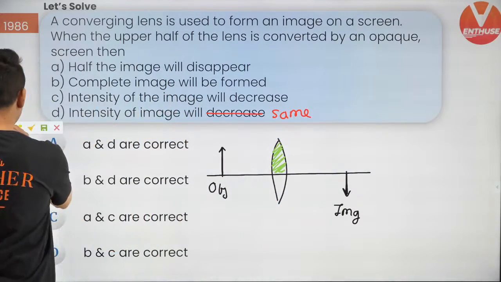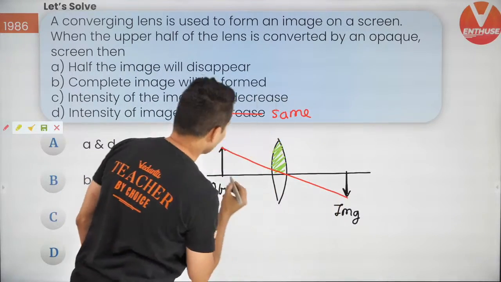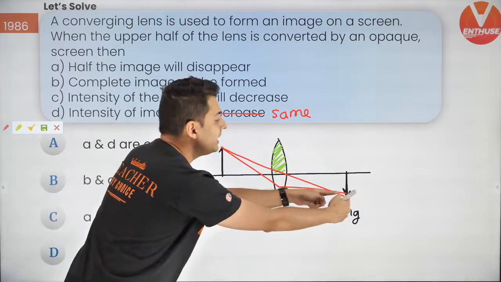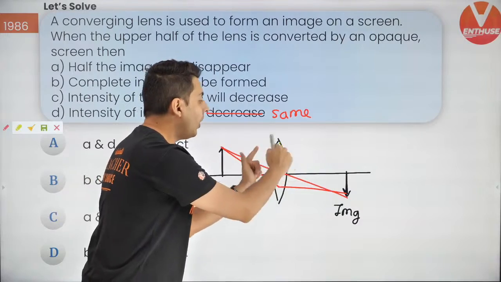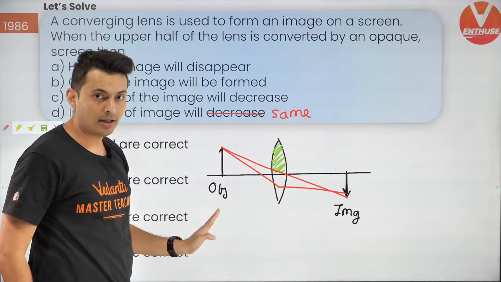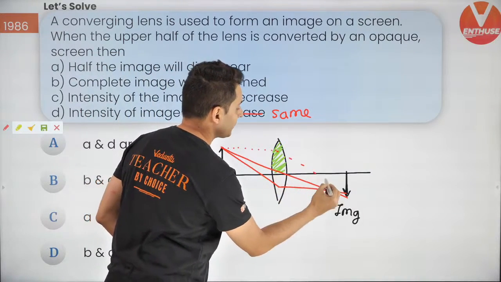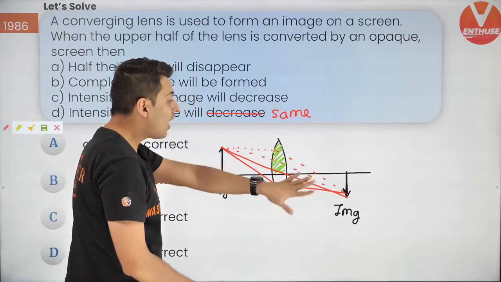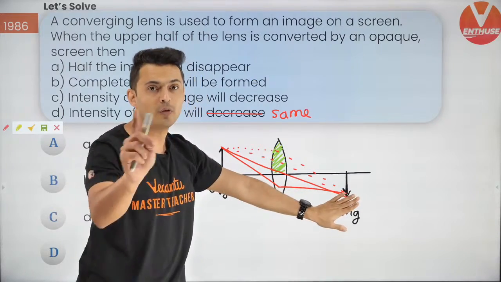Wrong. Think about it. Why? Because there will be still some rays which will be going like this, which will be meeting over there. That means you do not need all the rays to form the image. Only two rays are enough. Just that the rays which used to travel from here and meet here, now they will not be meeting over here. So half the rays will go missing. Only half the rays will meet to form the image.